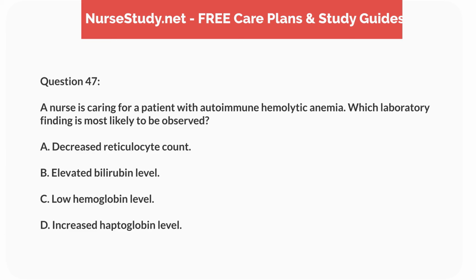Question 47. A nurse is caring for a patient with autoimmune hemolytic anemia. Which laboratory finding is most likely to be observed? A. Decreased respiratory count. B. Elevated bilirubin level. C. Low hemoglobin level. D. Increased haptoglobin level.